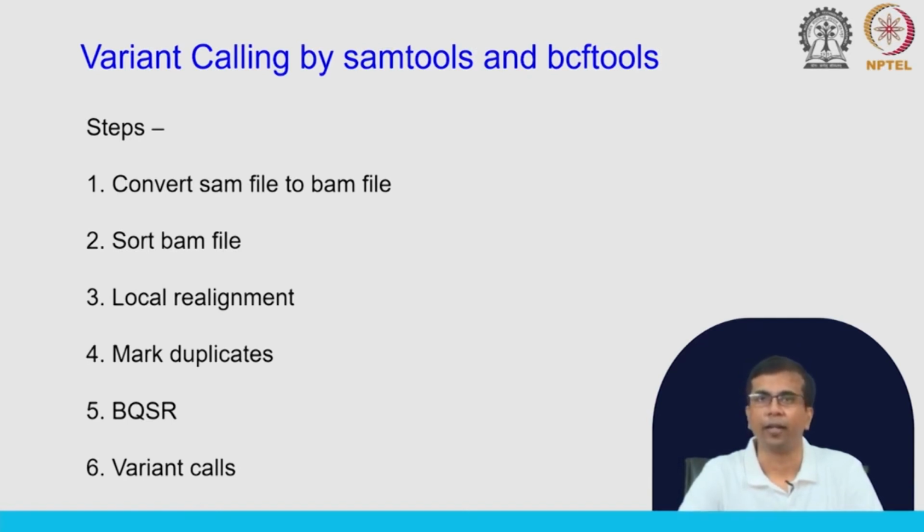In the third part we did local realignment, using a specific tool, followed by marking duplicates, and we discussed why it is important to mark duplicates. The fifth step we did not do, but you might want to do it in cases where you have a lot of SNP data: base quality score recalibration.